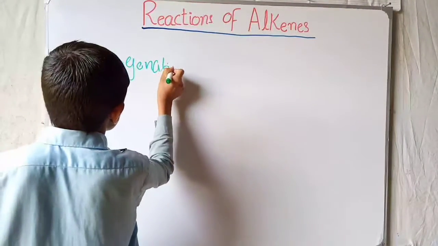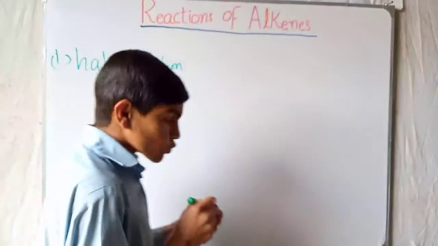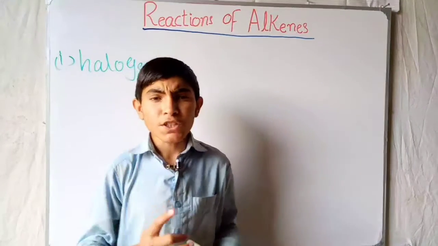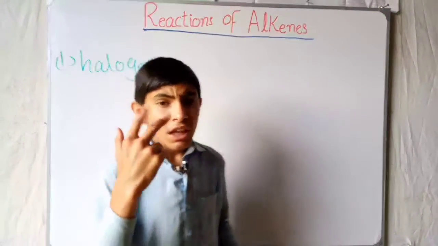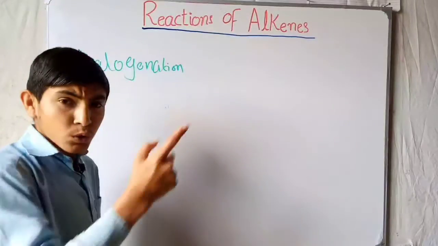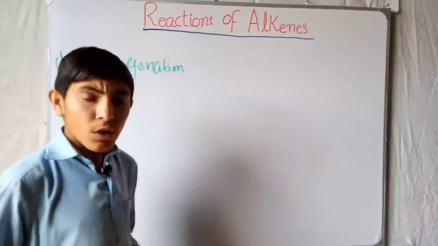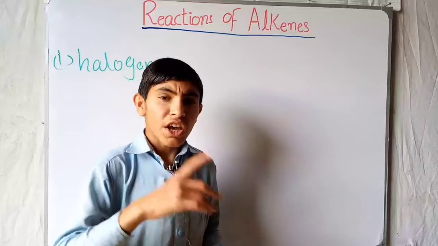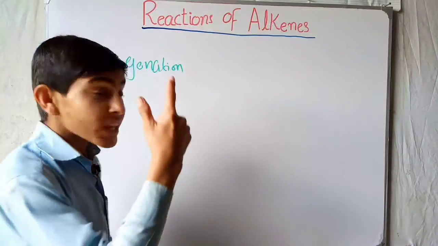Okay, so what is meant by halogenation or addition of halogen? It means that when we add halogen gases like chlorine, bromine and fluorine to alkene, the result is this process called halogenation.